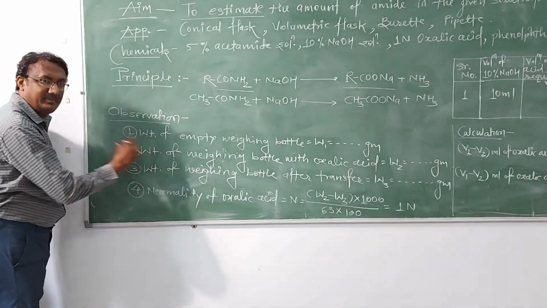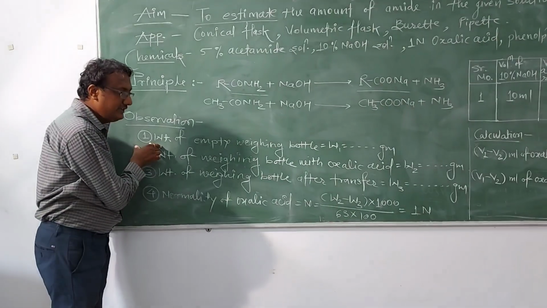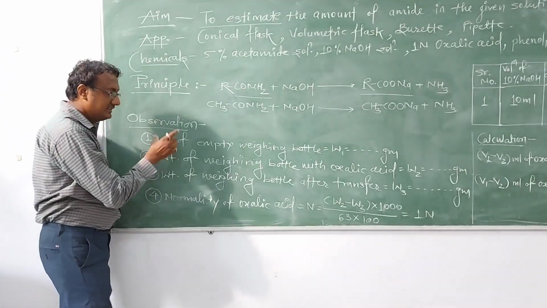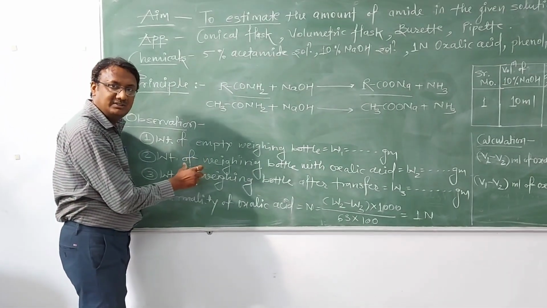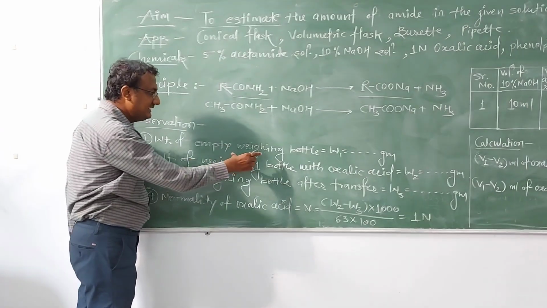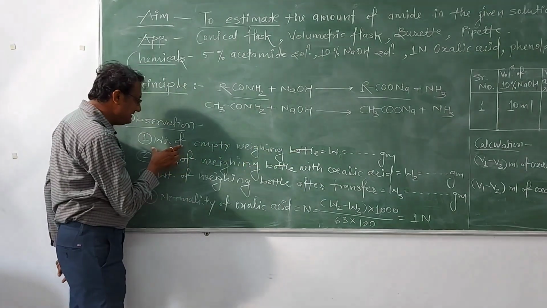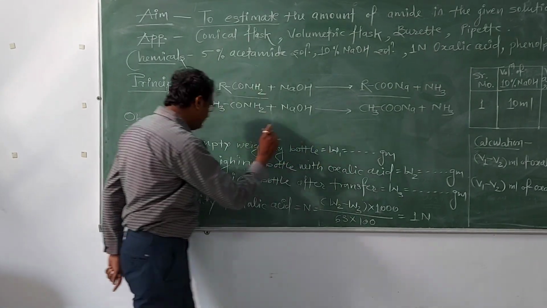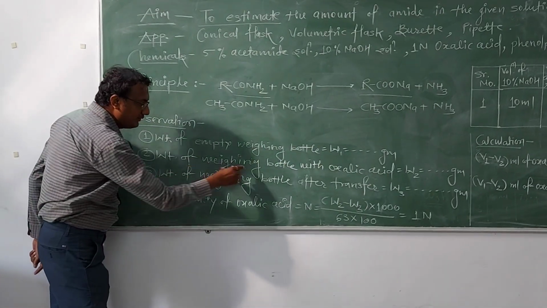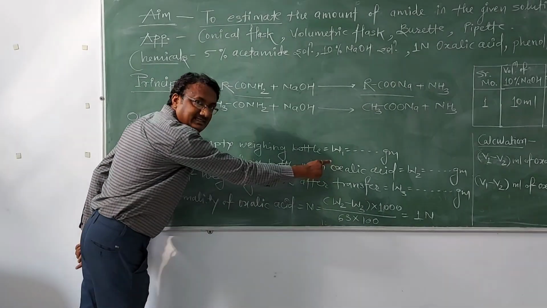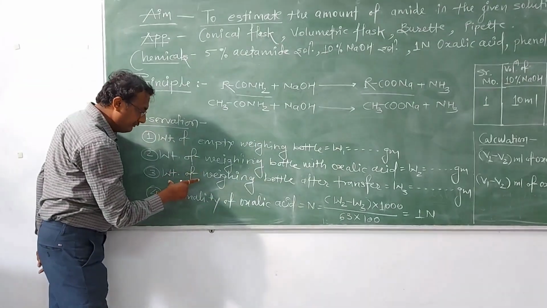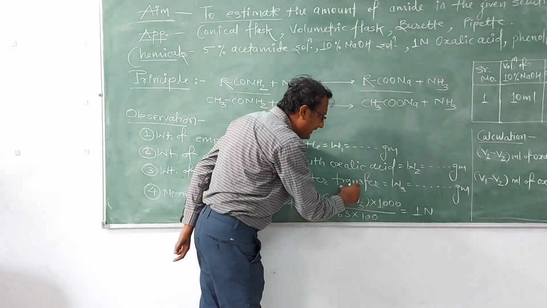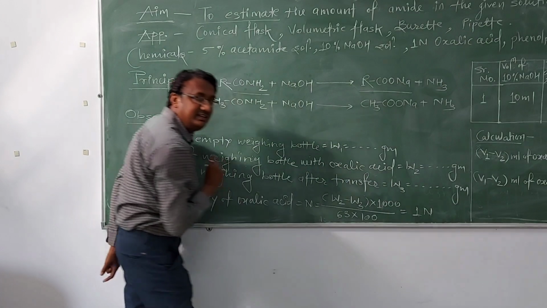For the observations, first of all, we prepare the 1 normal oxalic acid solution. The oxalic acid is weighed using a weighing bottle. First, the weight of the empty weighing bottle is W1 gram. Second, the weight of the weighing bottle with oxalic acid is W2 gram. The weight of the weighing bottle after transfer into the volumetric flask is W3 gram.